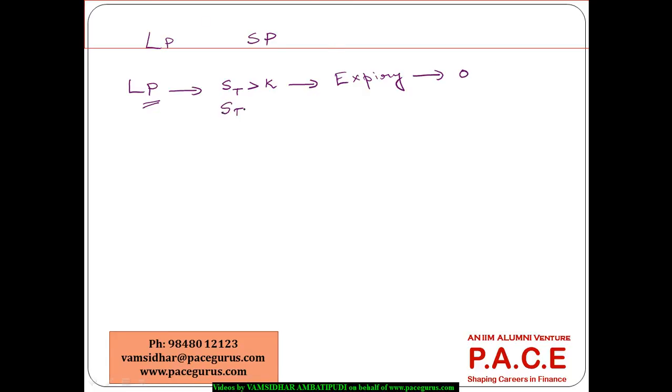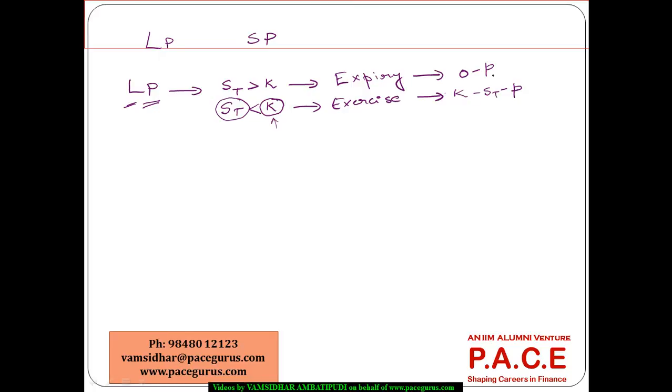But if the stock price is lesser than the strike price, the long is going to exercise the option. If he is going to exercise it, he is going to sell it at K. So buy it in the market at ST, which is lesser than K, and sell it at the strike price K, which means he can directly make a profit of K minus ST. But remember, because he is in a long position, he has already paid a premium to the short.